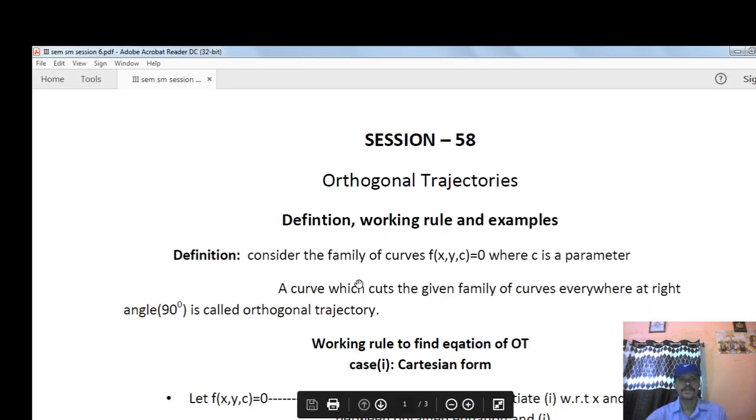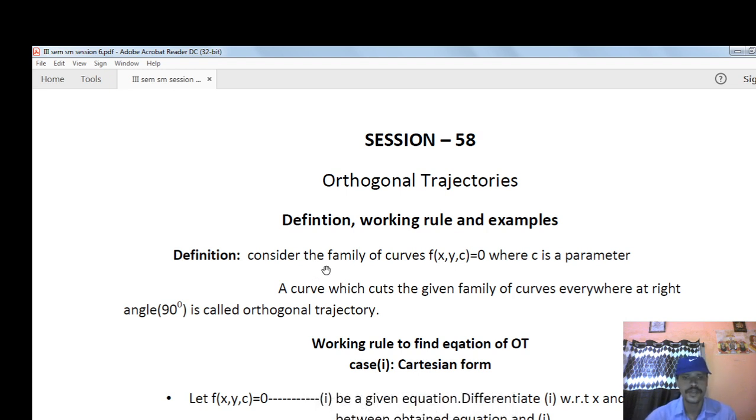Let me explain what is orthogonal trajectory. Suppose this is the given family of curves, f of x, y, c is equal to 0, where c is a parameter. Since c is an arbitrary constant, for different values of c, definitely we have different curves. And that is why this is the family of curves.